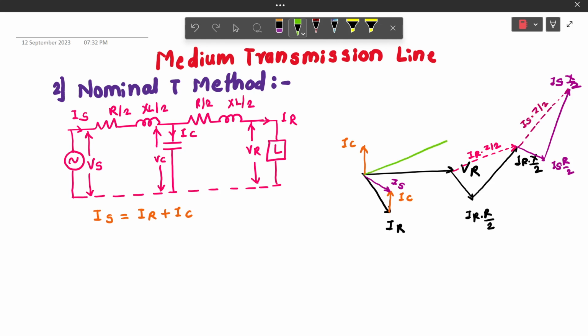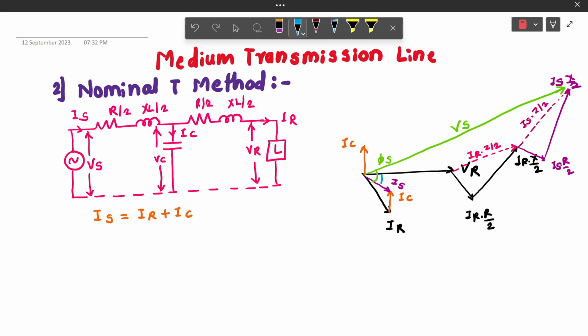Now, if we see the circuit diagram, the total voltage from the source is equal to the total voltage of the circuit along with its voltage drops. Hence, the resultant can be drawn from this point as Vs. The power factor at receiving end can be considered as cos phi r. Phi r is the angle between IR and Vr.